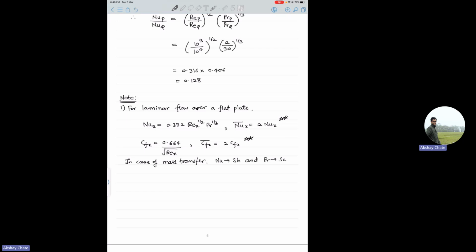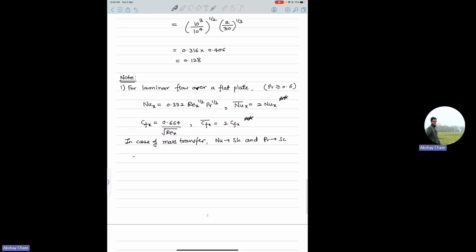And usually this is for Prandtl number greater than 0.6. So typically for air and water we use these. For liquid metals, for laminar flat plate flow, Prandtl number is less than 0.6.